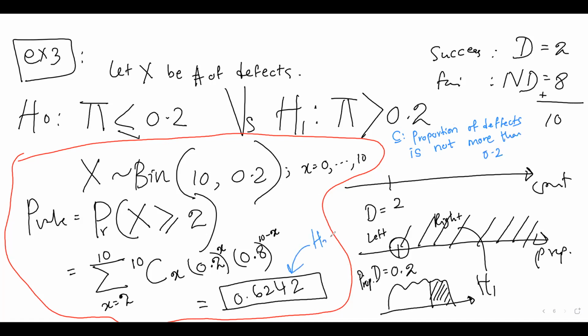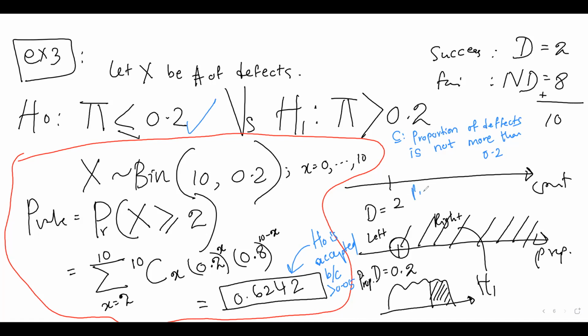According to this, H0 is accepted because the p-value is greater than alpha. So this is correct. You can either write proportion of defects is less than or equal to 0.2. When you're writing the conclusion, you have to write it in words.